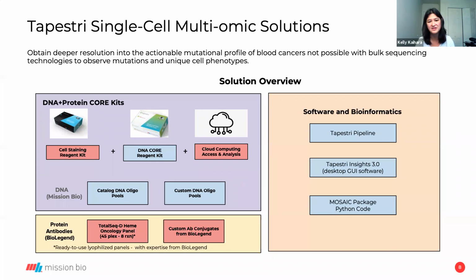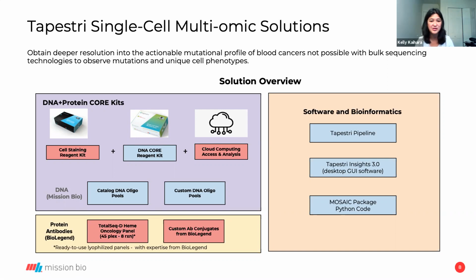And then on the right here is our software solution. Tapestry Pipeline does the secondary analysis. So primary analysis is done on your Illumina sequencer. Secondary analysis, you need to take those FASTQ files and line them up to the genome and deconvolute all the cellular barcodes. So that's done with Tapestry Pipeline, both for DNA and protein.